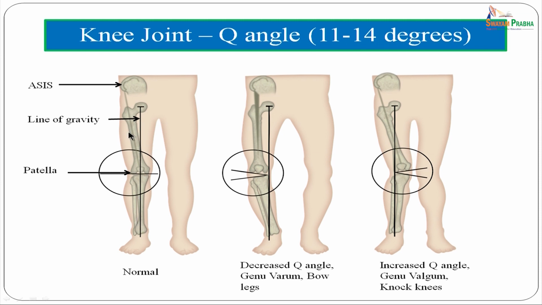The angle which is formed between these two is what is called the quadriceps angle, and the normal angle is between 11 to 14 degrees. A decreased Q angle results in what is called genu varum or bow legs. An increased Q angle results in what is called genu valgum or knock knees.